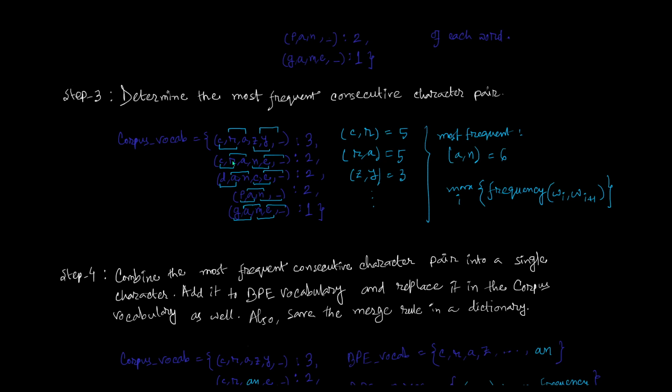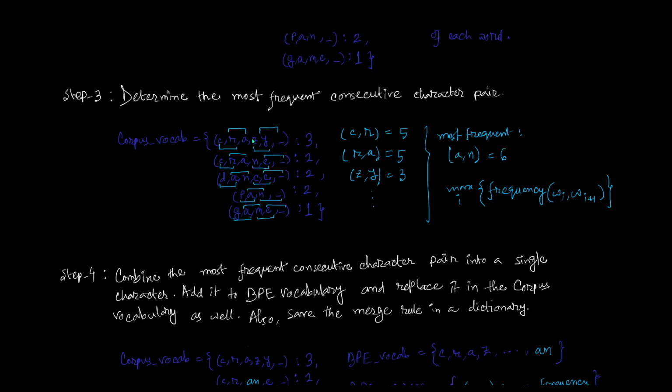From crane, what will it be? CR, RA, AN, NE, E underscore, like this. So basically in this fashion we will consider all the consecutive pairs and we will get the frequency in our corpus. So suppose CR, I mean C and R as a consecutive pair, how many times has it occurred in our data set?